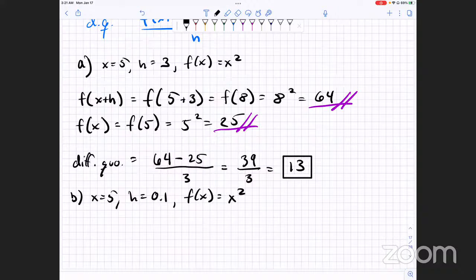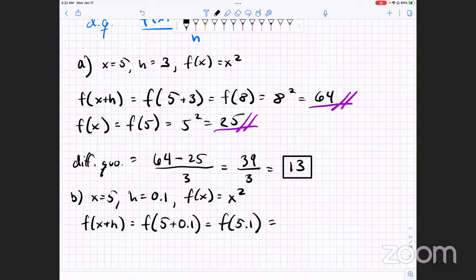Let's just do the same thing. If we consider f of x plus h, that's going to be f of 5 plus 0.1, so f of 5.1. I don't know, 5.1 times 5.1.